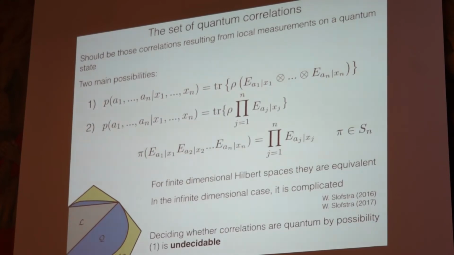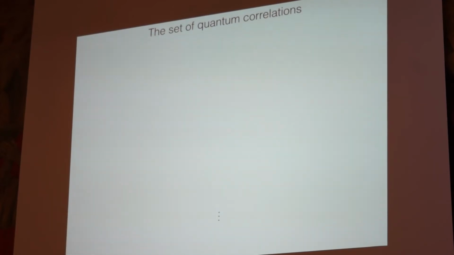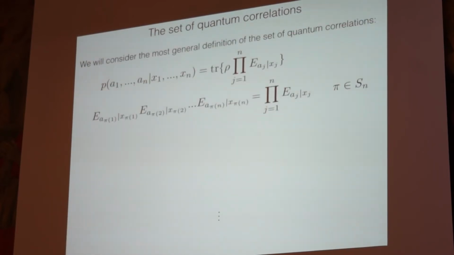Well, you can just loop through all possible Hilbert space dimensions and look for those measurements and states to see if it realizes it. But fortunately, this general problem, you can prove it to be undecidable. And so for convenience, we'll just consider the more general definition of the commuting operators.